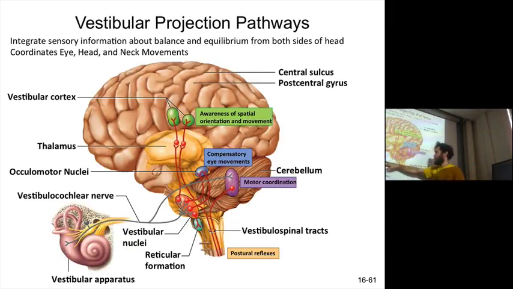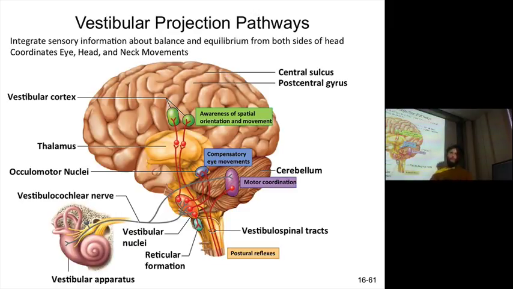The vestibulocochlear nerve, the vestibular information comes out, is going to synapse in the vestibular nuclei of the pons, and then it's going to project all over the place. It's going to send radiations to the cerebellum, down to the reticular formation, which is not important, but the cerebellum is going to give you your learned motor skills.